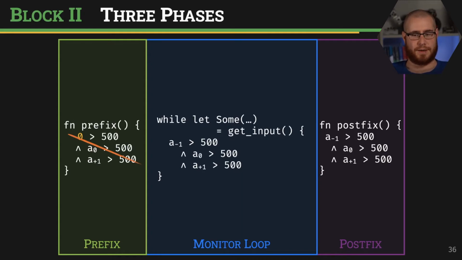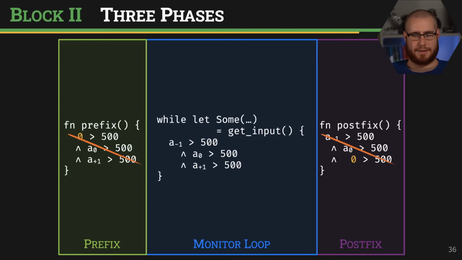In the monitor loop, we then don't have to access values conditionally. We can access them unconditionally because we know the values are there. And lastly, in the postfix, the similar thing happens as in the prefix. Here, the future accesses definitely fail, so we can substitute the default value, and in this particular case, reduce the whole expression to just false.